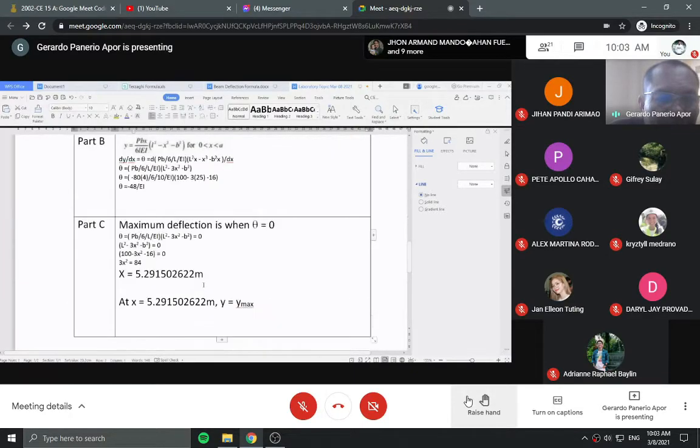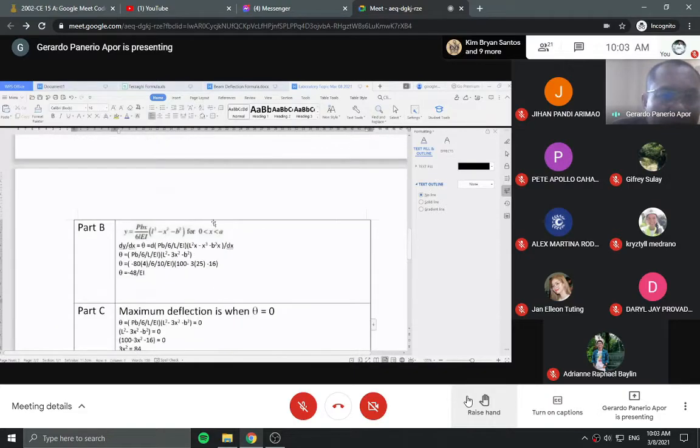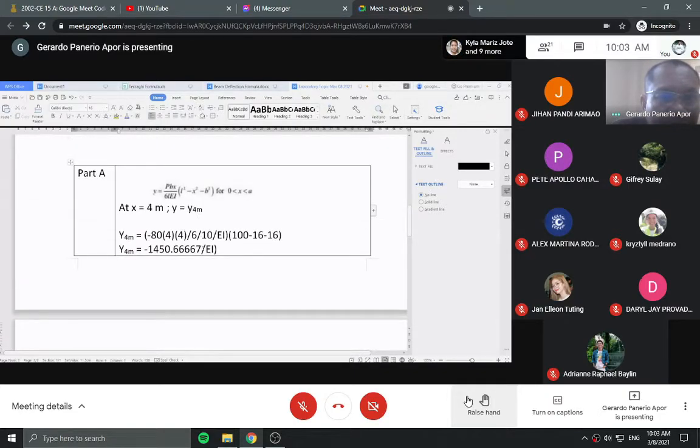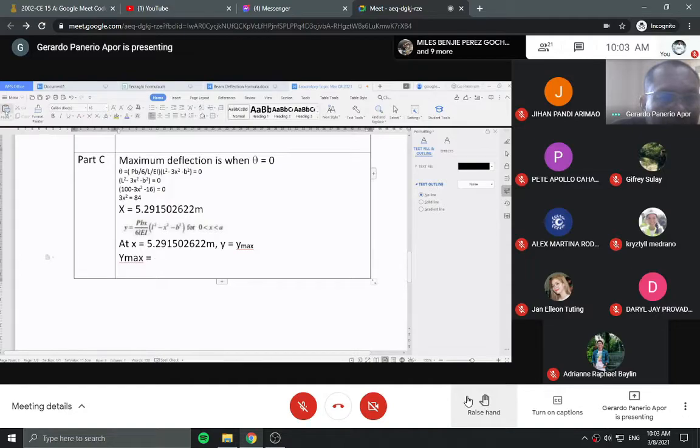So y max is equal to the same amount here, times the quantity inside.